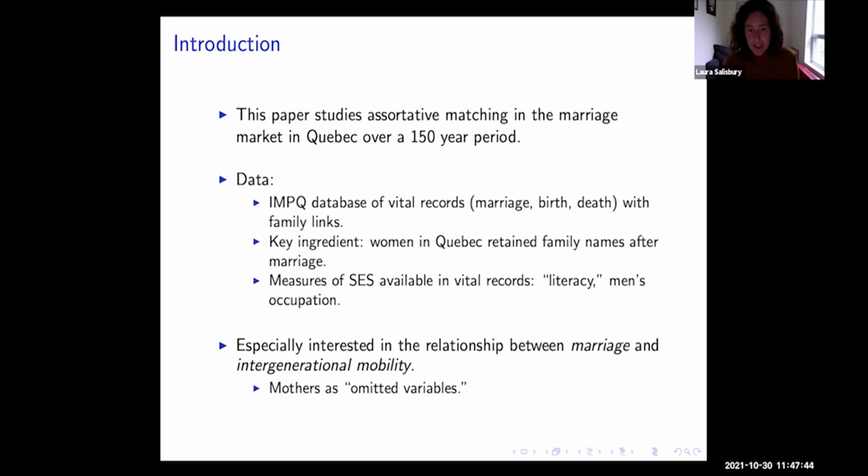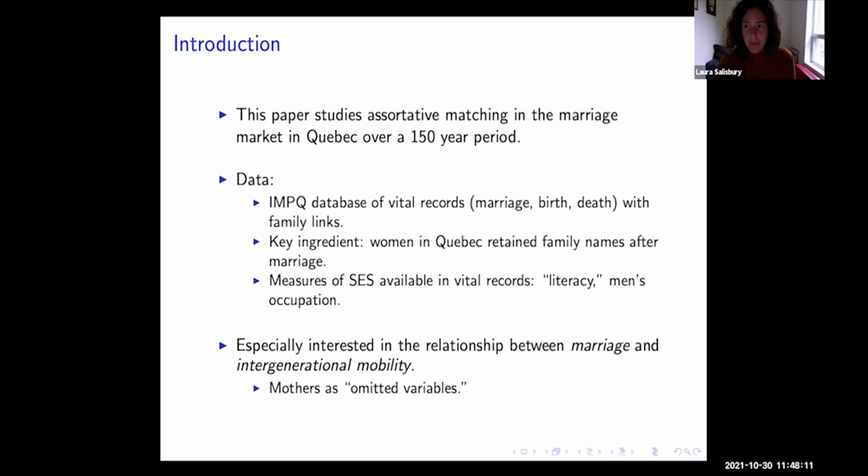Measures of socioeconomic status are also available in these records. So there's a measure of literacy, right, which is whether women can sign their marriage certificates or not. And then there are men's occupations, right? So the paper is really focused on understanding the relationship between marriage and intergenerational mobility, right? Even in an environment in which mothers aren't working.